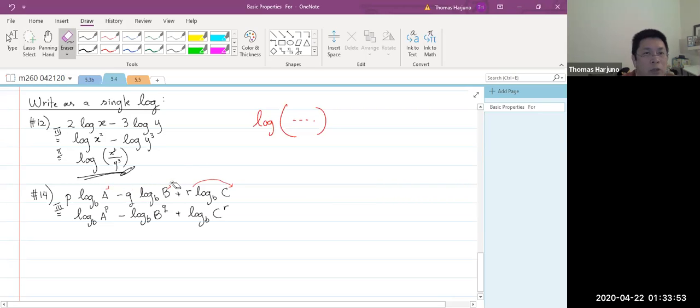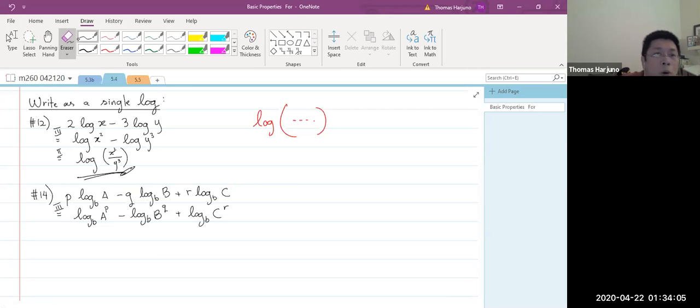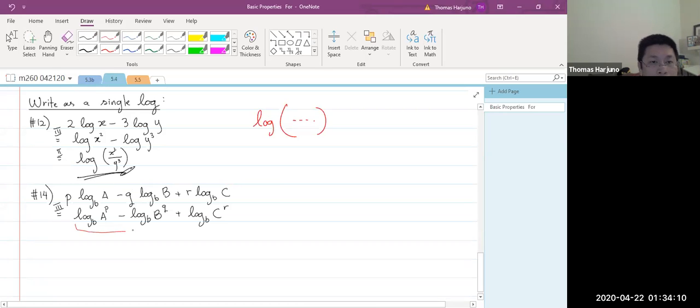Now, I actually wanted to do this problem earlier. Eventually, I will do this type of problem because after this, we'll do a lot of shortcuts. Furthermore, the first 2 terms here, I will put them together. Okay, I will use property number 2. So using property number 2, I will get log base b of a to the p over b to the q.